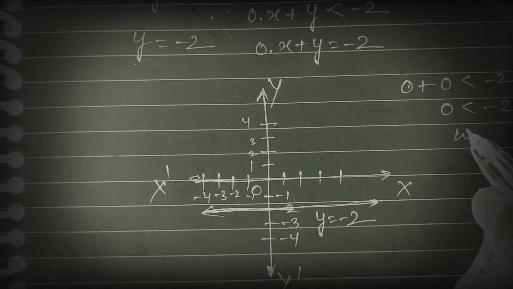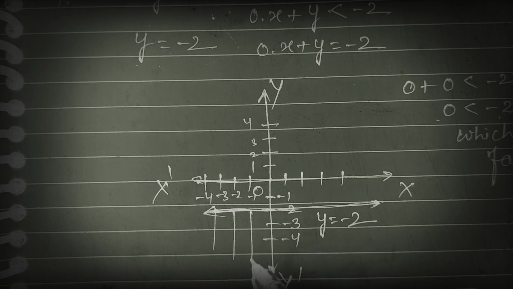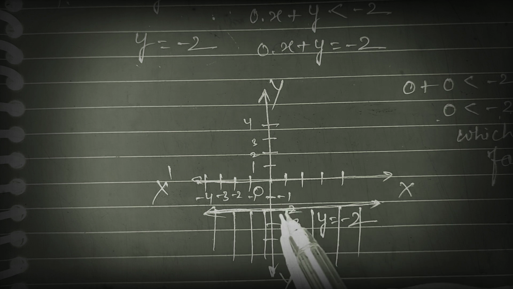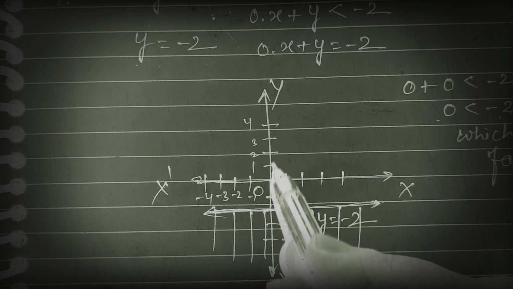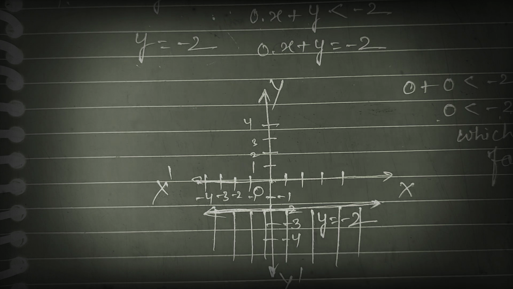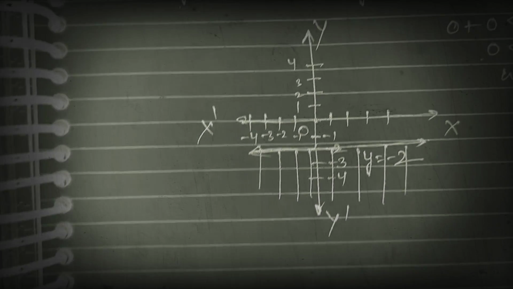No, which is not true, which is false. 0 is not less than a negative value, so this is false. So the area will lie in the downward direction, because (0, 0) doesn't satisfy. That means the area will not be in this region. So the area will be away from the origin. Clear?